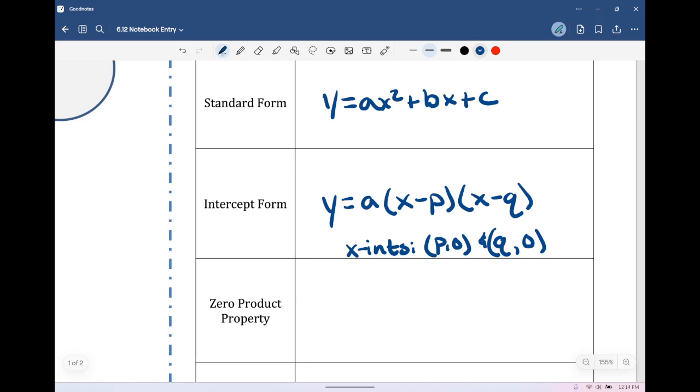Now, when have we taken something that's been a trinomial like this and made it into two binomials? What has that process been called? What has it been called when we take the trinomial and we make it into two binomials, with parentheses like this?